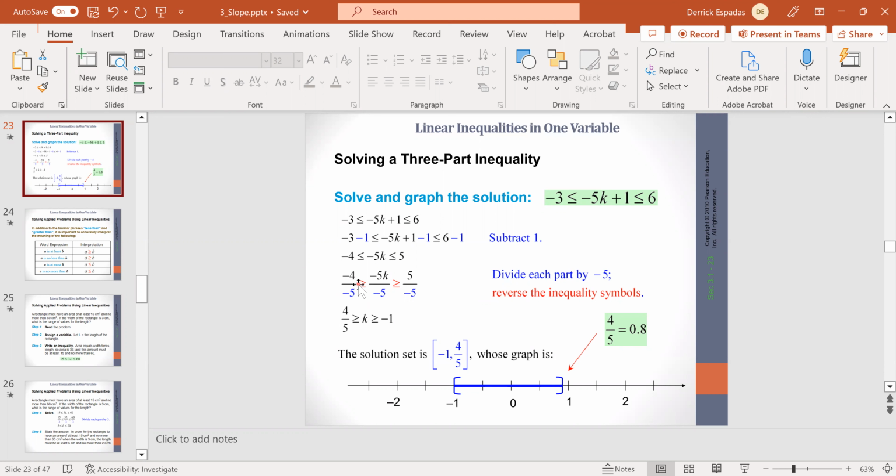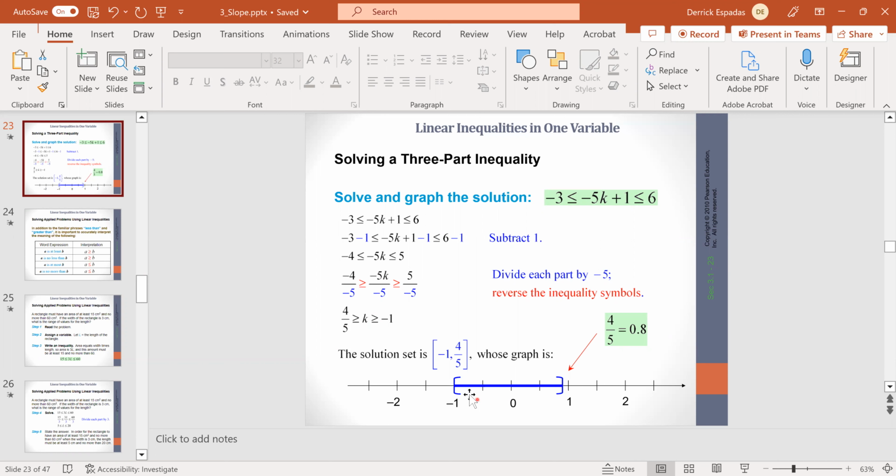Then we have negative 4 over negative 5, and a negative divided by a negative is positive, so we have 4/5. The negative 5 and the negative 5 cancel each other out, leaving us with k, absolutely what we wanted. And then 5 over negative 5 is negative 1. It leaves us with the statement 4/5 is greater than or equal to k, and k is greater than or equal to negative 1.